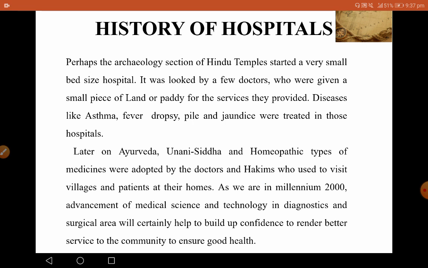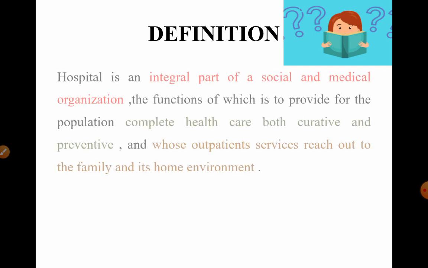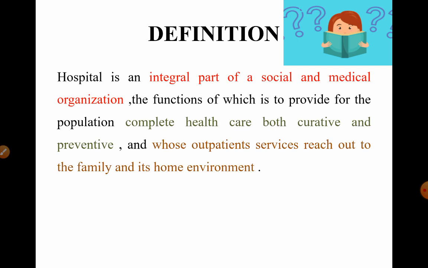As pharmacists we are familiar with the term hospital, but as professionals we should be able to define a hospital. A hospital can be defined as an integral part of a social and medical organization which provides complete healthcare, both curative and preventive, as well as outpatient services such as OPDs, so that it can reach out to the family and its home environment.